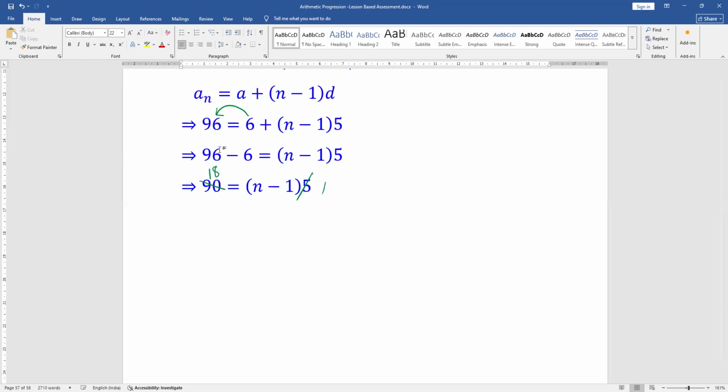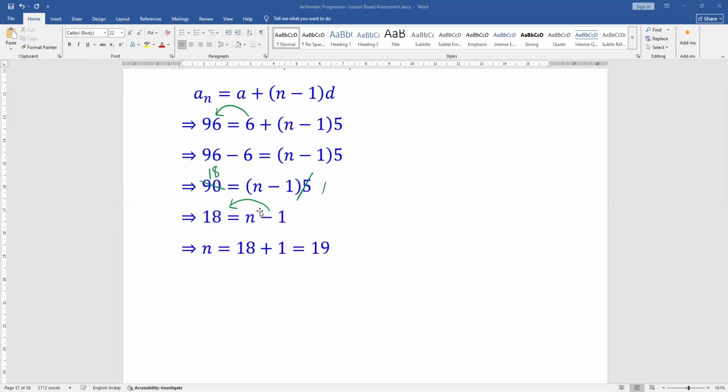The tables are very important actually. ಇಲ್ಲಿ on my left hand side you get 18 equals, right hand side you get n minus 1. Okay, then what you do, you have to transpose this minus 1 to the left hand side. Correct? So transpose ಮಾಡಿದ್ರೆ 18 plus 1 ಆಗುತ್ತೆ, it will become 19. So I put that step here. So n equals 18 plus 1, which is equal to 19.